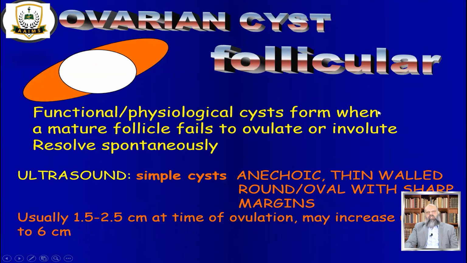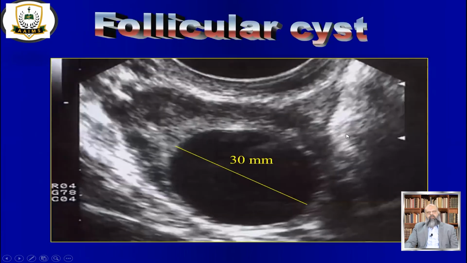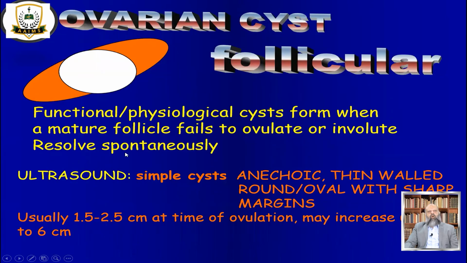The ovarian cyst, or follicular cyst, is a functional physiological cyst, formed when a mature follicle fails to ovulate or involute, and resolves spontaneously.